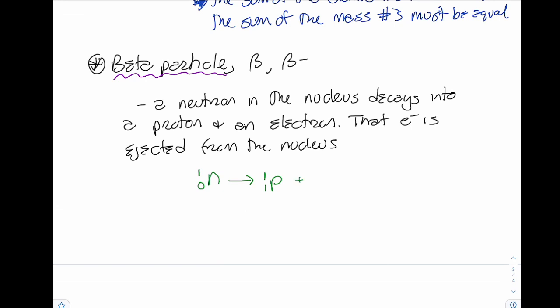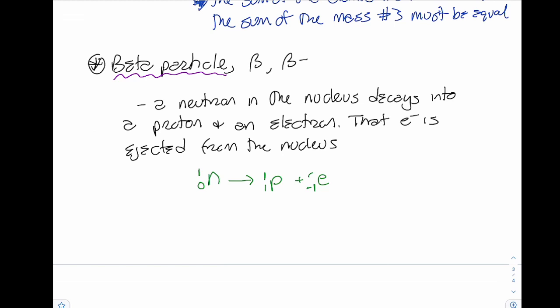And then for my symbol for my electron, I'm going to do an e. And then I'm going to put a -1 here where my atomic number would be, right? Remember, the charge on my electron has the same magnitude but the opposite sign as a proton. So instead of being a +1, it's a -1.